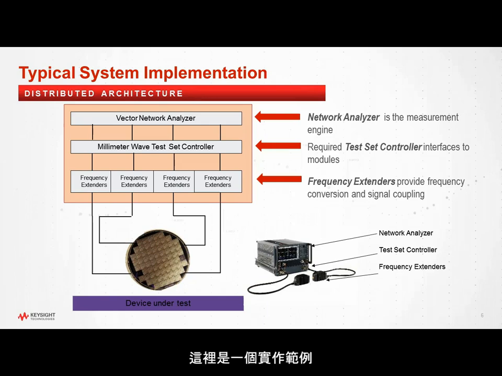Here's an implementation. You can see the network analyzer on the top, the test set, and then the actual frequency extenders or modules as they're more commonly known these days.